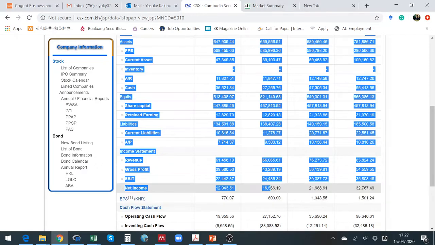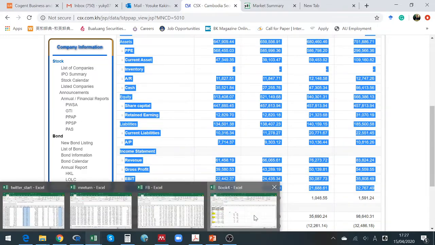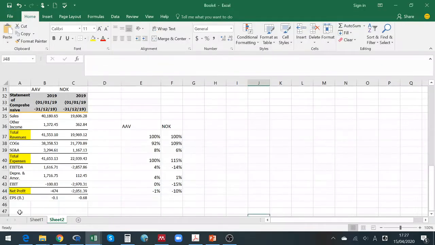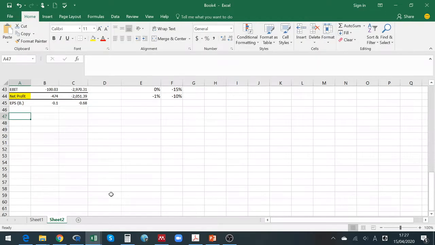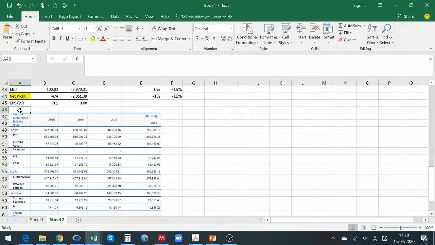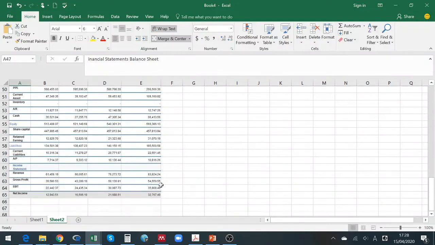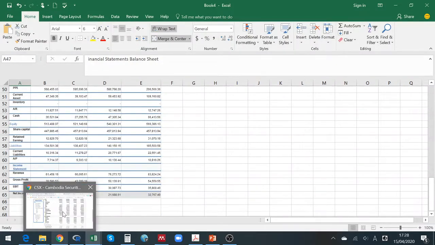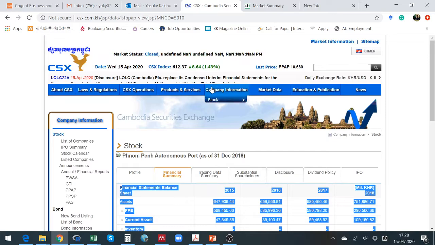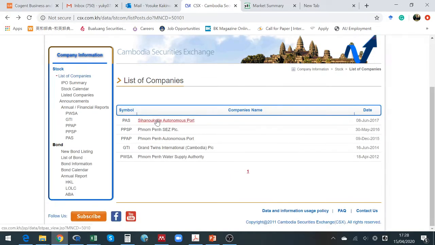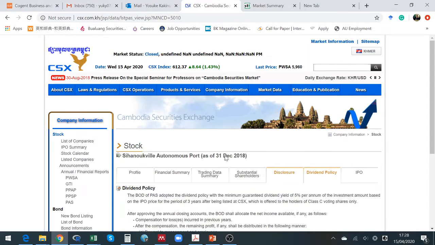I just copy this and paste it to my Excel. This is PPAP, Phnom Penh Port, and the other one is Sihanoukville Port. So I compare two ports from Cambodia.